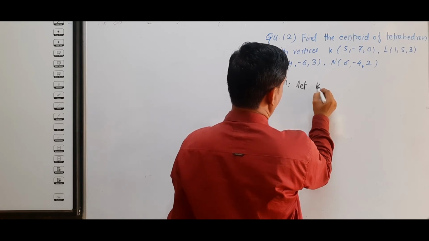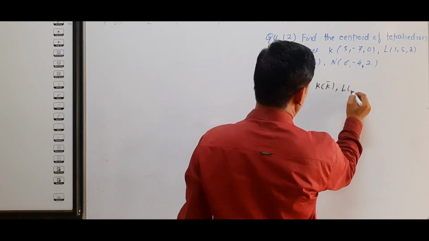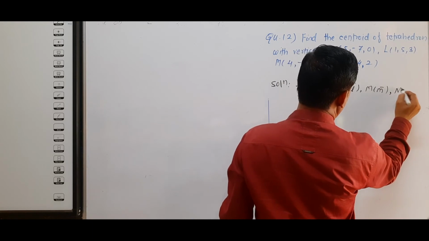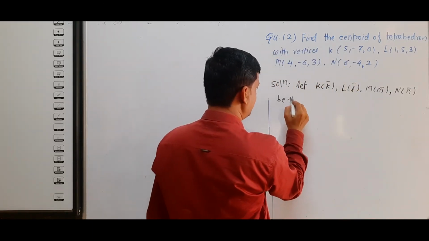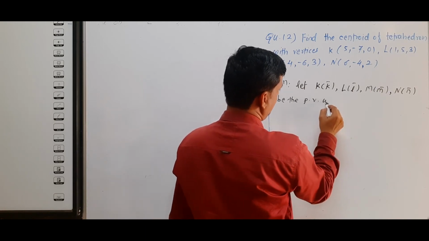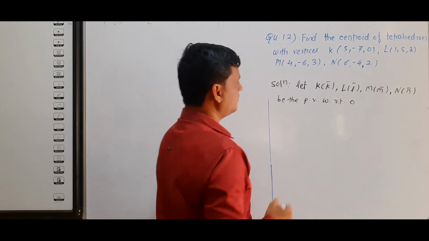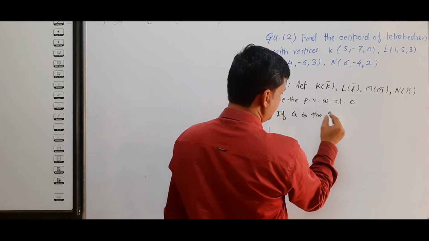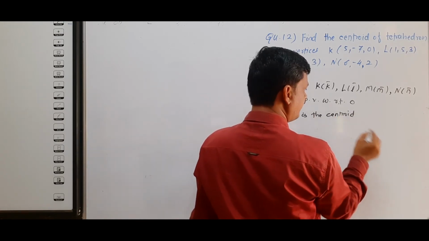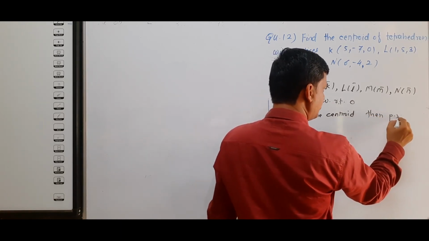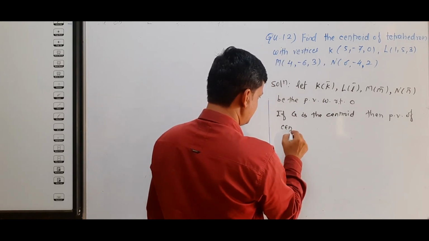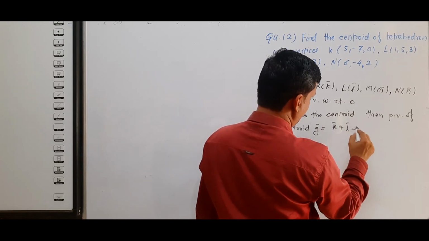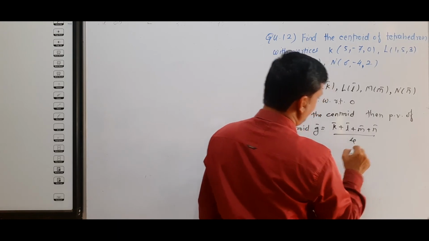Let K(K bar), L(L bar), M(M bar), N(N bar) be the position vectors with respect to O. Now if G is the centroid, then the position vector of centroid G bar equals K bar plus L bar plus M bar plus N bar upon 4.